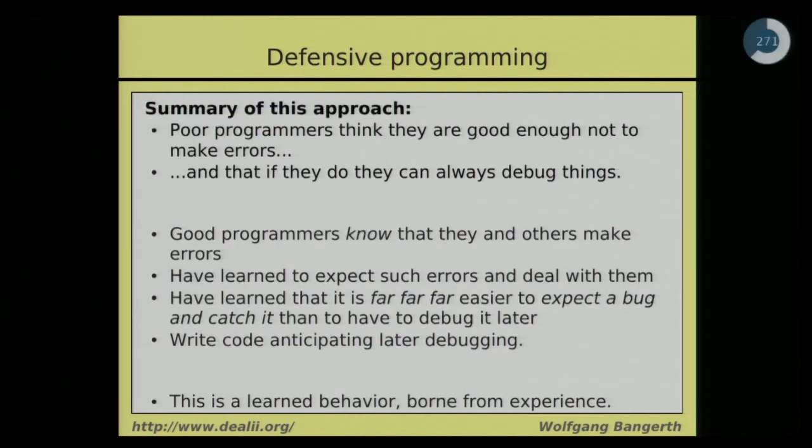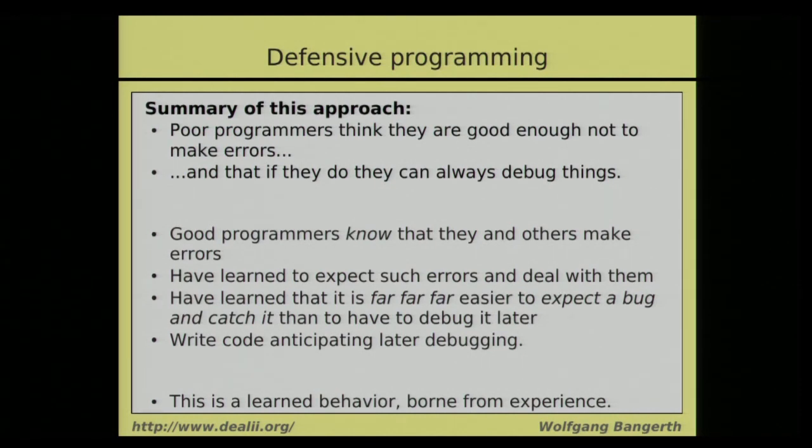A summary of this approach essentially would go like this: poor programmers think that they're good enough not to make errors, or that if they do produce errors, they know how to debug them. What they don't realize is that, of course we make errors.